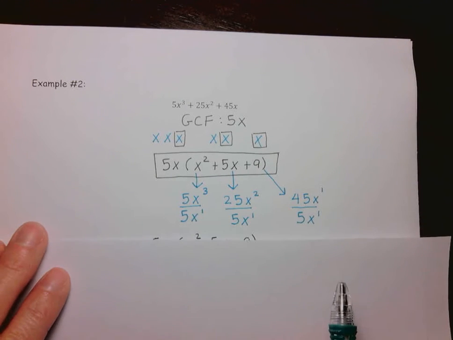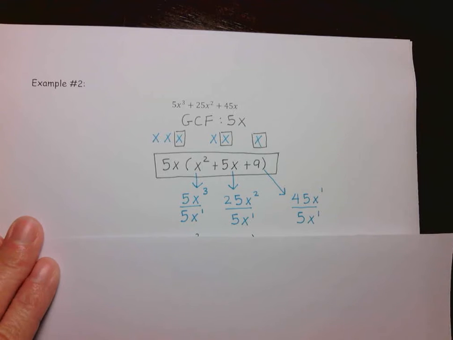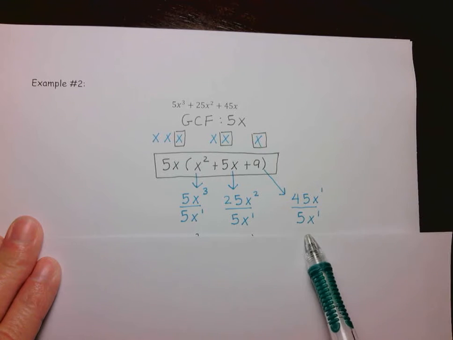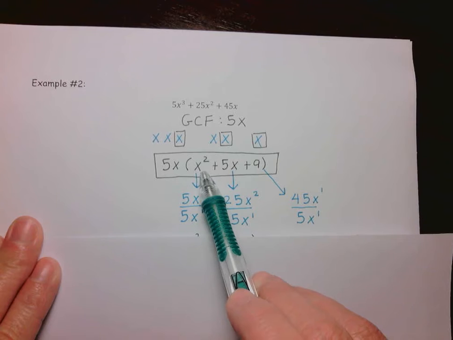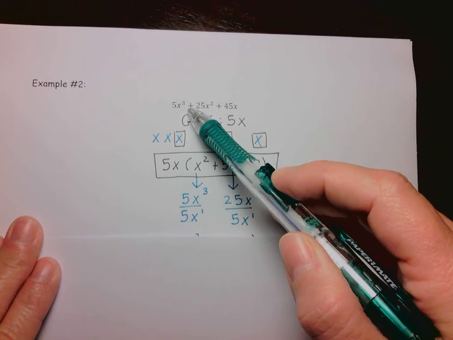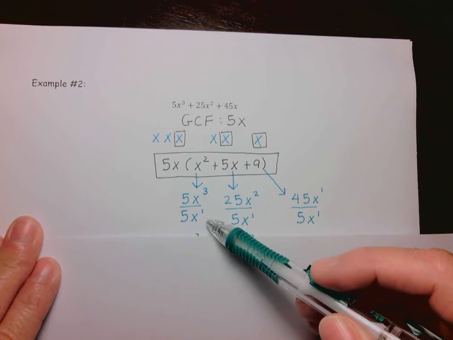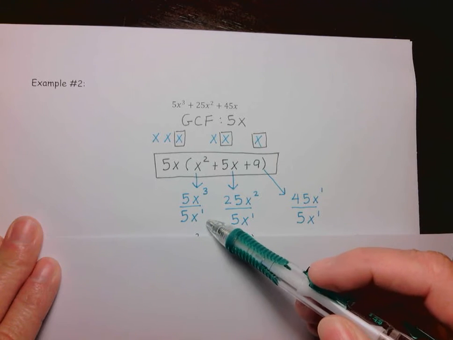What you're doing is you are dividing each term by the greatest common factor. So let's just look at this term. I had 5x to the third power, so I took 5x to the third power and I divided it by 5x to the first power.